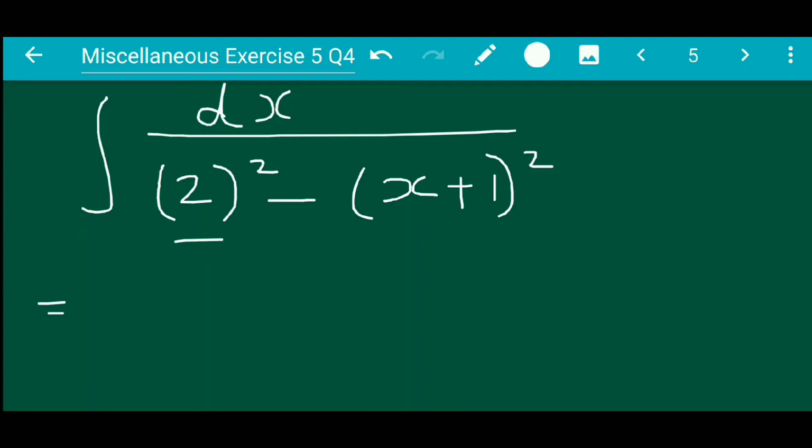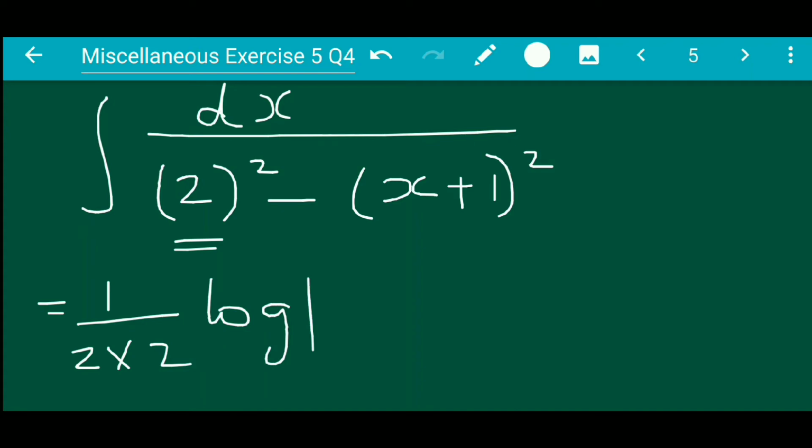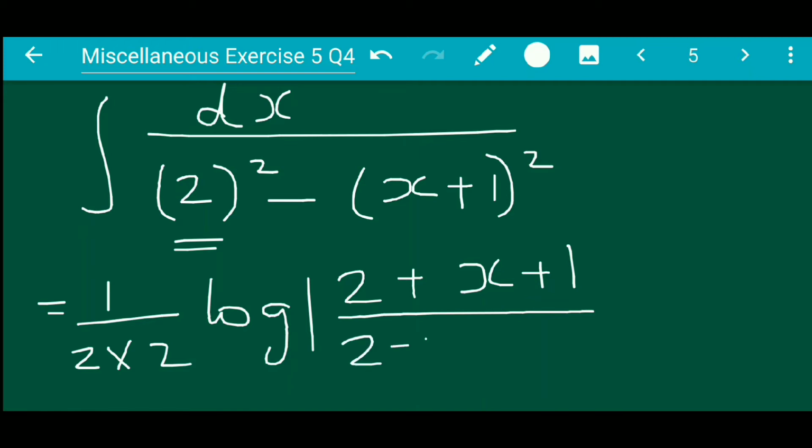The a term is 2 over here. So we get 1 upon 2a means 2 into 2 log mod of a plus x, that is 2 plus x plus 1, because instead of x it is x plus 1 the term is. So 2 plus x plus 1 upon 2 minus x, because of the minus sign x plus 1 becomes x minus 1, plus c. Okay.